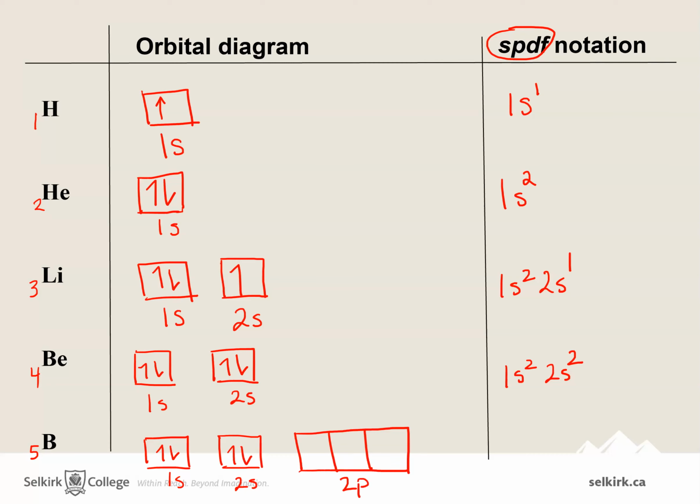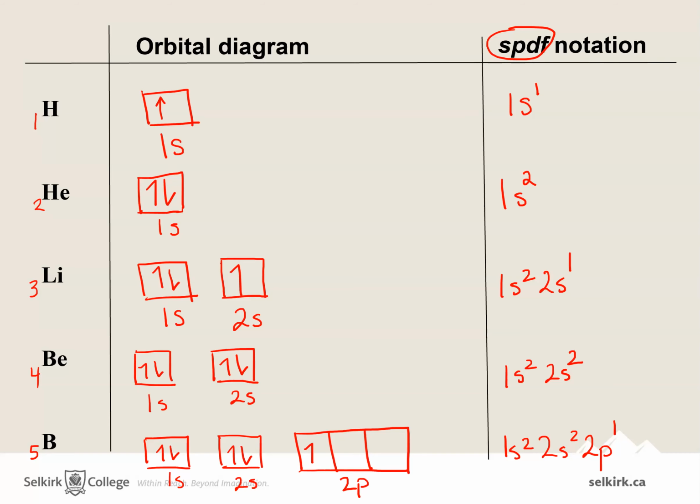I need room for 1 more electron, and why not just put it in that box? It doesn't matter which box, and it doesn't matter whether it's spin up or spin down. SPDF notation: 1s2, 2s2, 2p1.